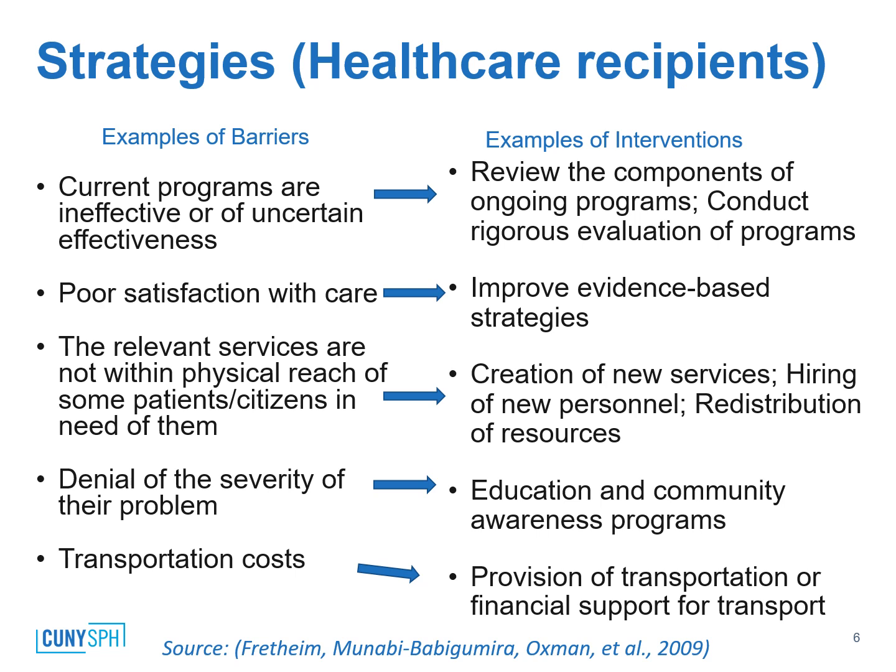Interventions must respond directly to these constraints, improving program quality, enhancing evidence-based outcomes and approaches, creating new services or redistributing service resources, delivering community education, or providing transportation support. This illustrates a basic principle of implementation science that strategies must be explicitly linked to the barriers they are intended to address.